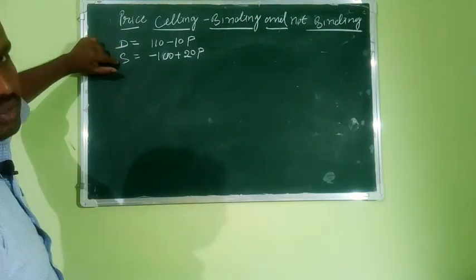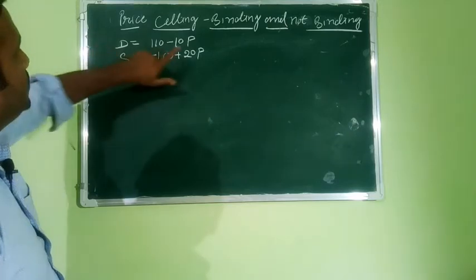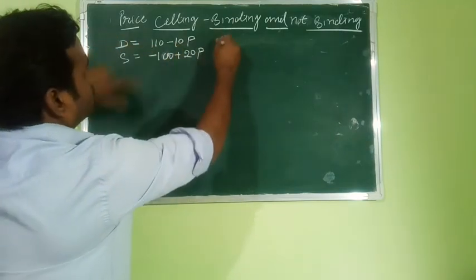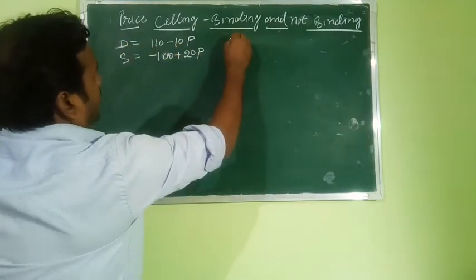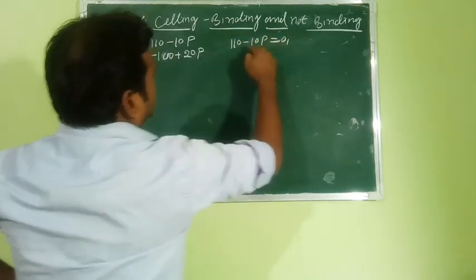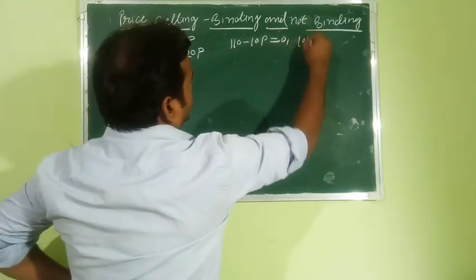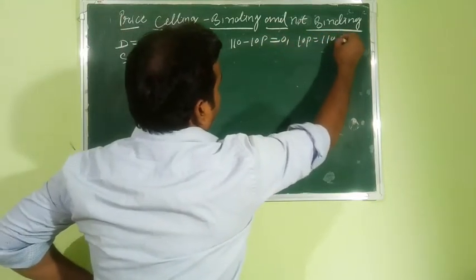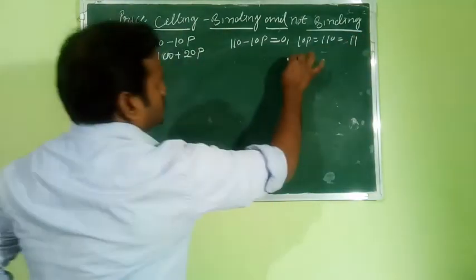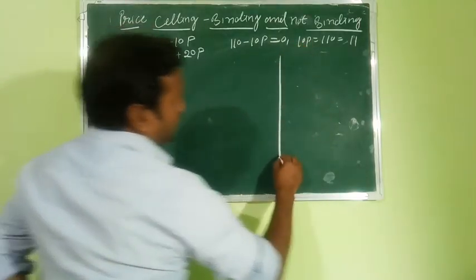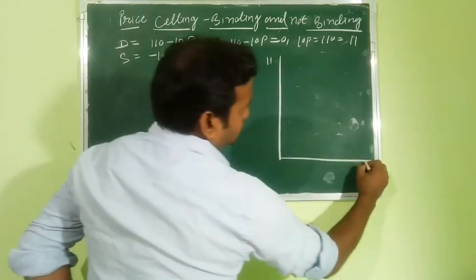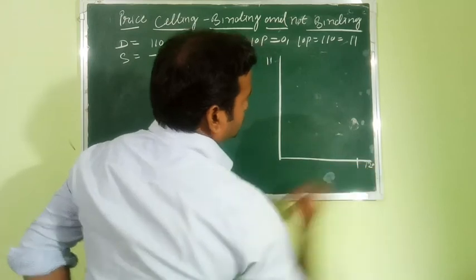First you need to find the equilibrium price and quantity, but before that you need to find the maximum price of demand, when quantity is 0. So you put 110 minus 10p equal to 0. Then 10p is equal to 110, so the price is 11 rupees, the maximum price.